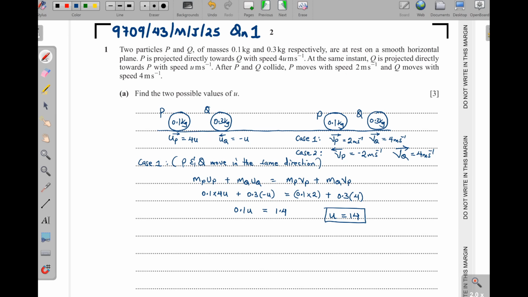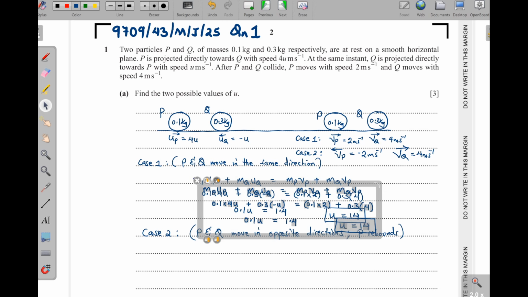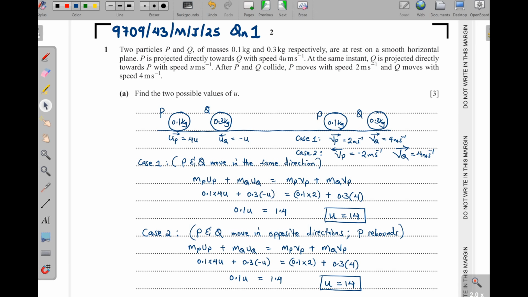Now we also go to case 2. In case 2, P and Q move in opposite directions after collision. In other words, P rebounds. So again we are using this one here, and since P rebounds, this will be negative 2.